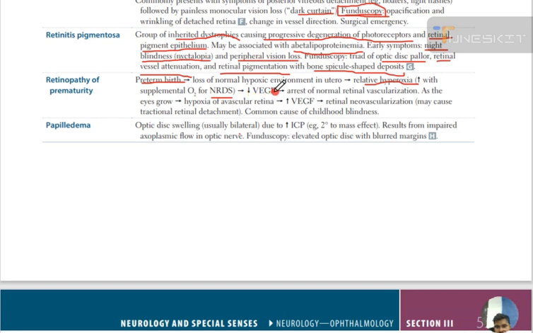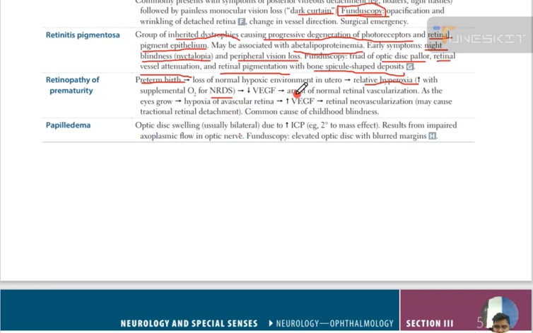Decreased VEGF causes arrest of normal retinal vascularization as the eye grows, with hypoxia of the avascular retina. Then increased VEGF causes retinal neovascularization, which may cause tractional retinal detachment, a common cause of childhood blindness.